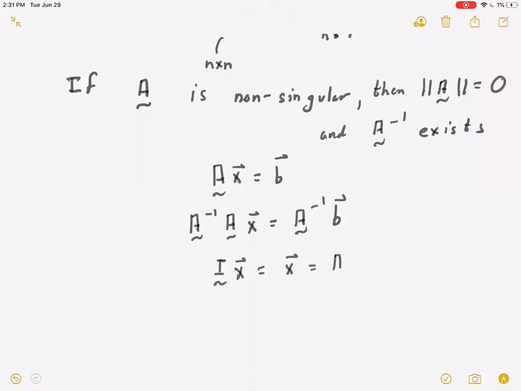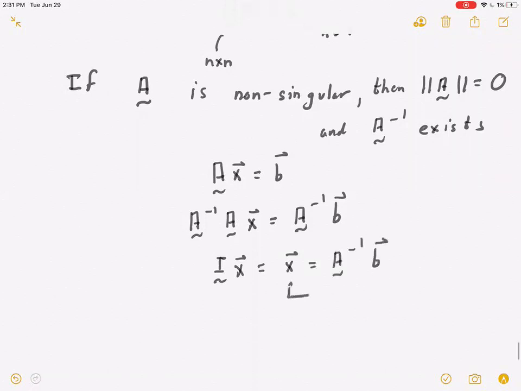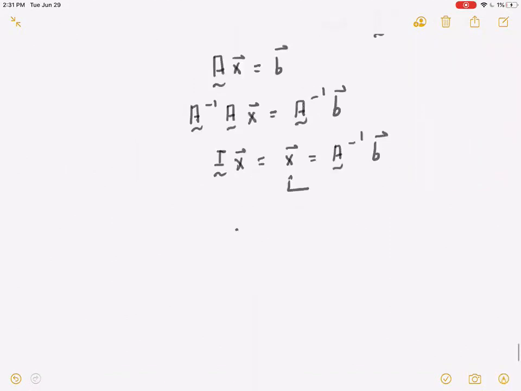I now have an exact expression for my unknowns. Namely, the unknown vector is just the inverse of A times the vector B. I can solve my system of linear equations simultaneously by just doing this matrix multiplication on the right-hand side.